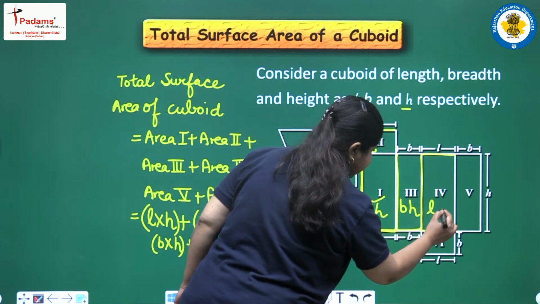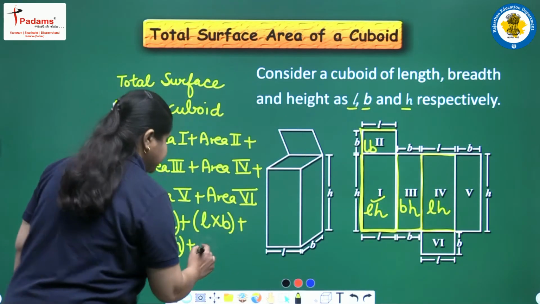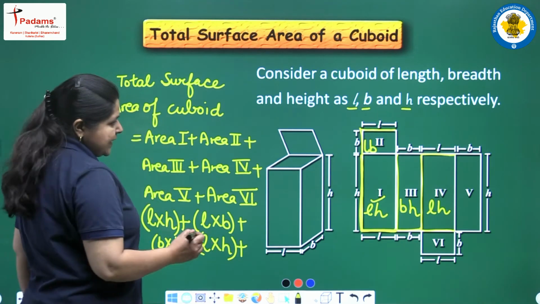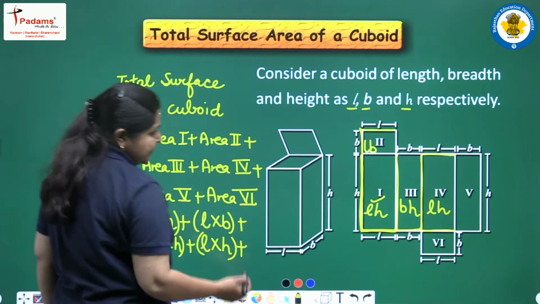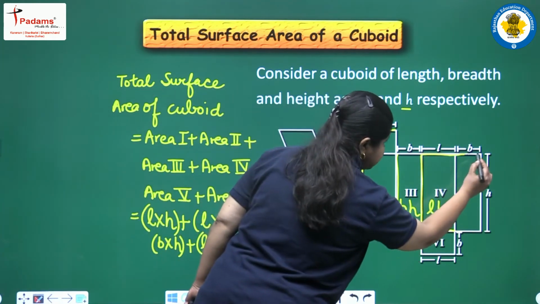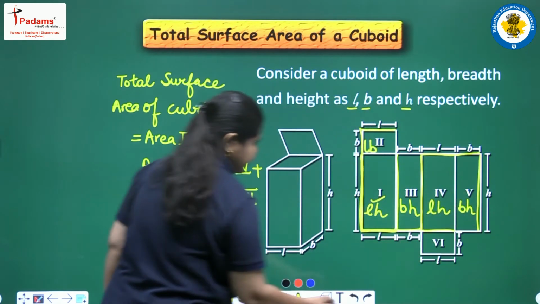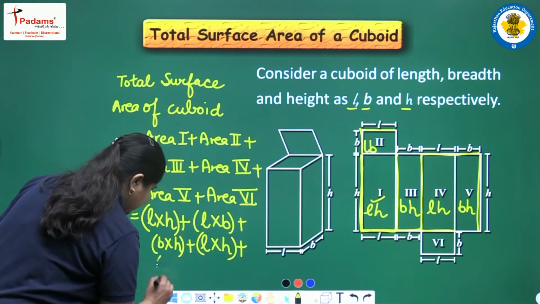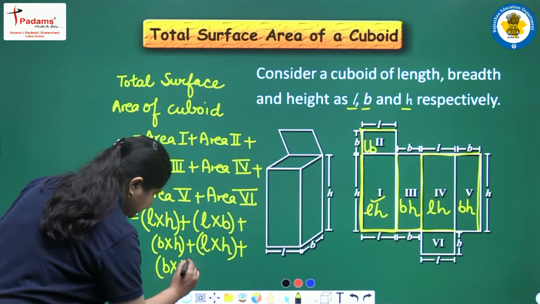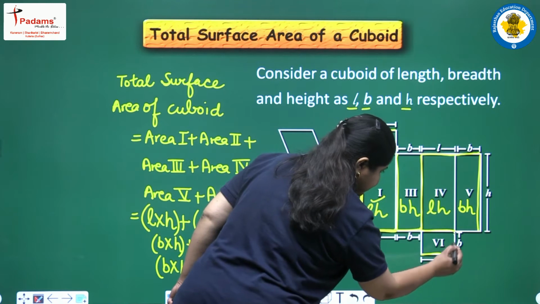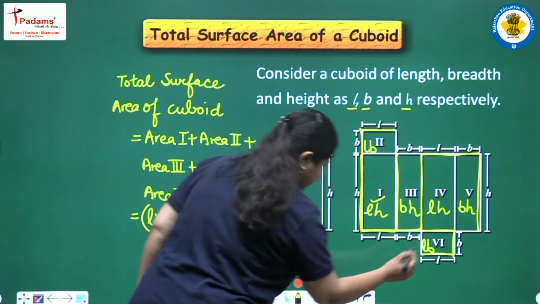So again it is L into H. So we write here L into H. Plus here we have the area of the fifth face. This one. This is B and this is H. So B into H. So we write here B into H. Plus now area of the sixth face. It is L into B. So we write here LB.